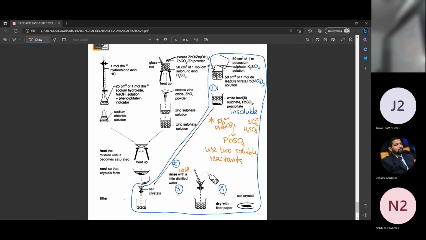So basically, what are the steps? Have a look at the previous page and write them, just replacing those compounds with these compounds. That's it, right? The solubility rules, even the nearby numbers, you can write in small letters.